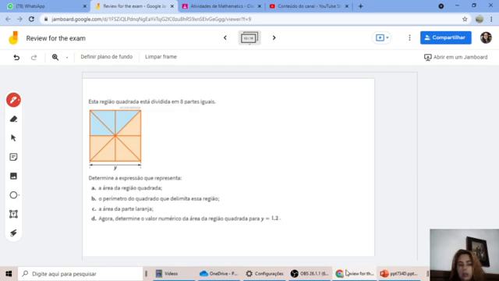The picture was split in 8 equal parts, okay? Then it determined the expression that represents, letter A, the area of the square.